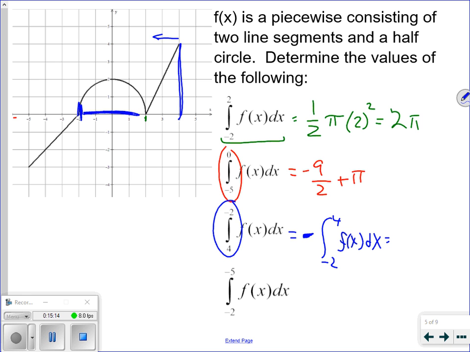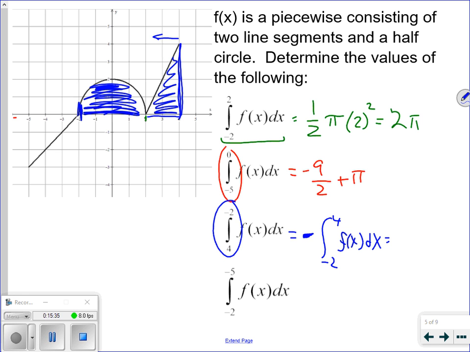So it's wanting me to do the semicircle, which I already know from number 1 is 2 pi. And this triangle is base times height divided by 2. So that's 2 times... why are you doing this to me? Okay. So we're going over 2, up 1, 2, 3, 4.